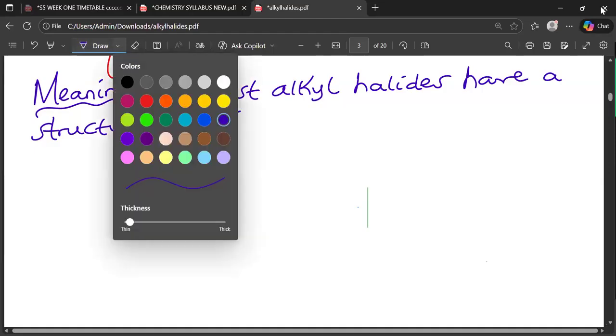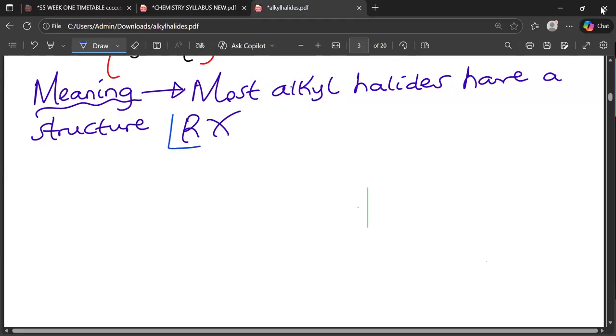So what I want to talk about here, what is the R and what is the X? Listen. The X is the Cl, the X can be the Br, the X can be the I.